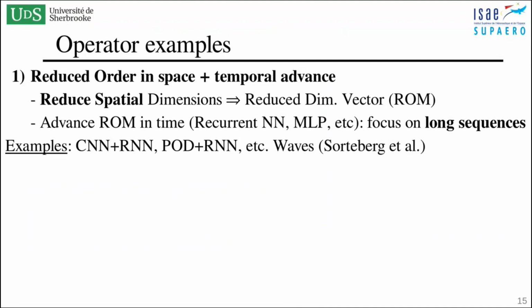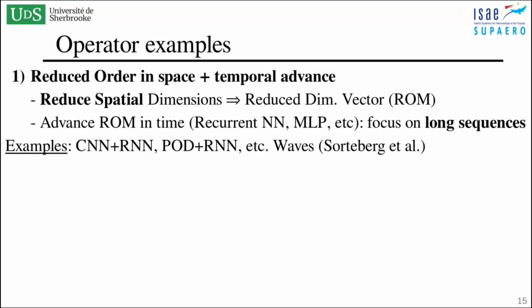The reduction is done through some reduced order modeling, for example, POD, so proper orthogonal decomposition, also autoencoder neural networks, etc. And then the temporal problem will be dealt with some recurrent neural network, for example, which will focus on long sequences of these latent vectors.